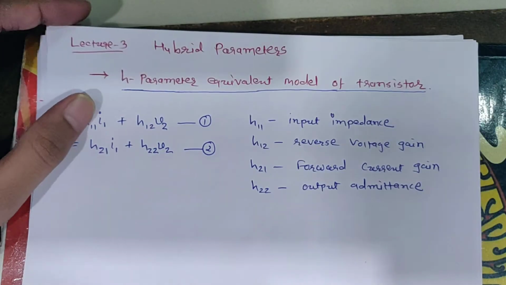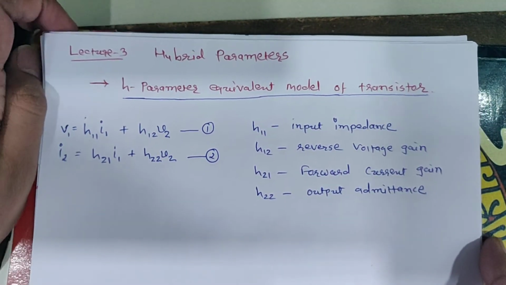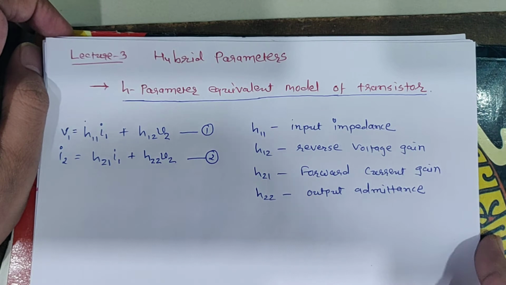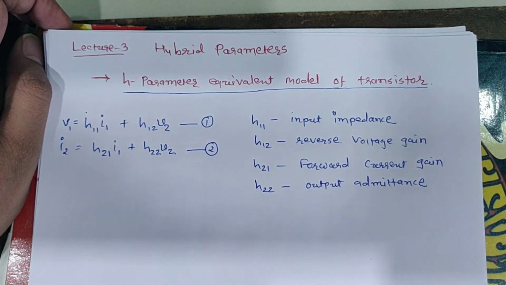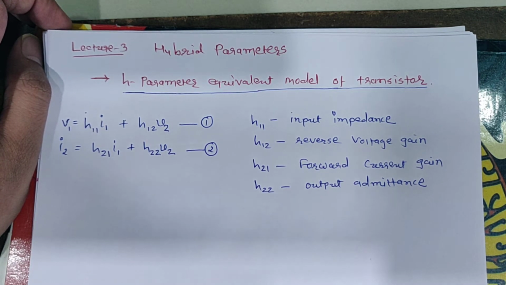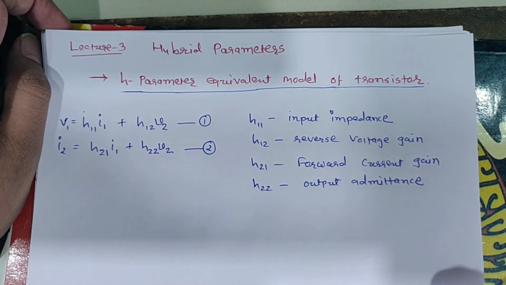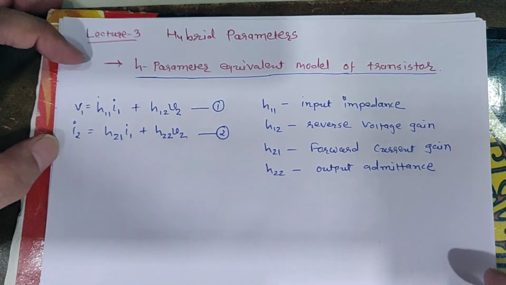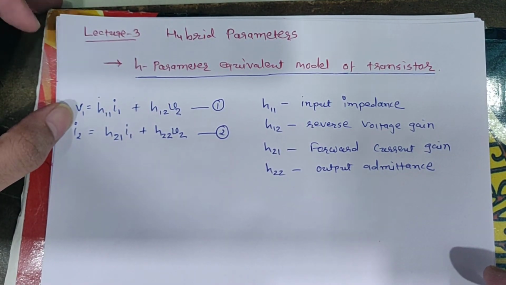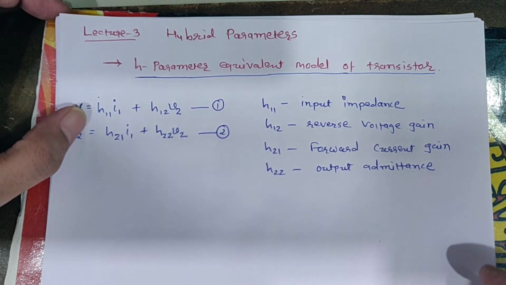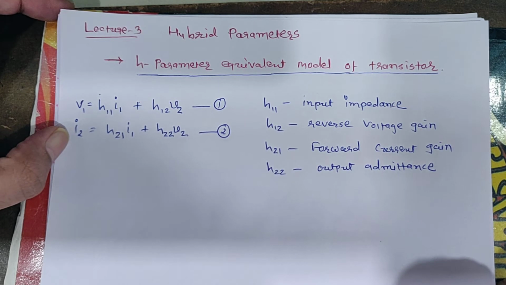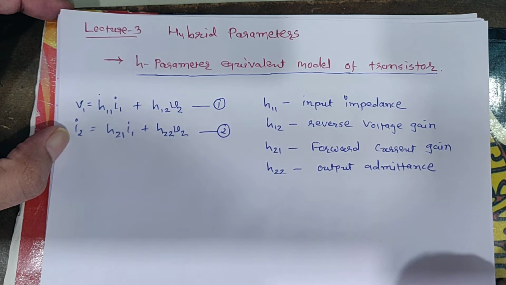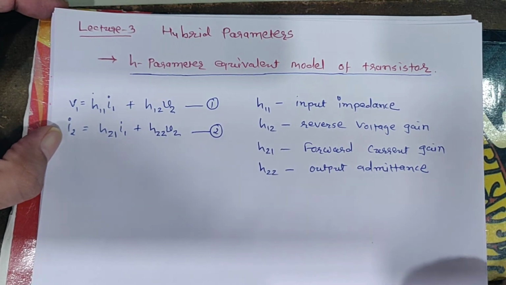Now today we are going to discuss the H parameter equivalent model of a transistor. We have summarized and written the equations here: V1 equals H11 I1 plus H12 V2, equation number 1, and I2 equals H21 I1 plus H22 V2, equation number 2.